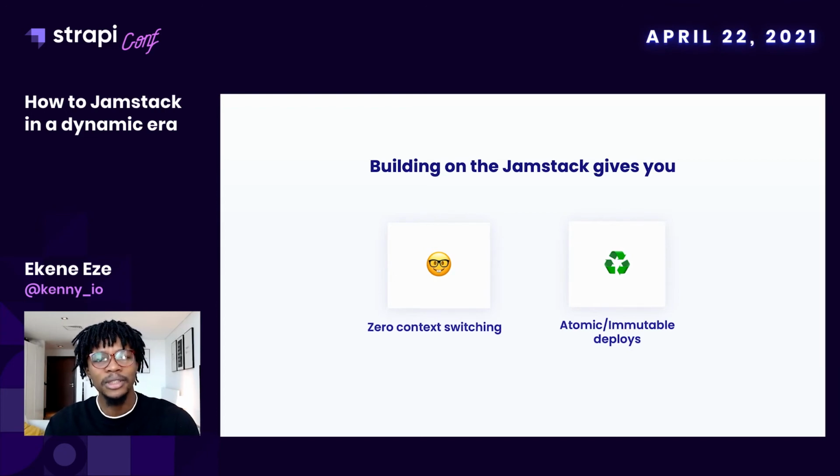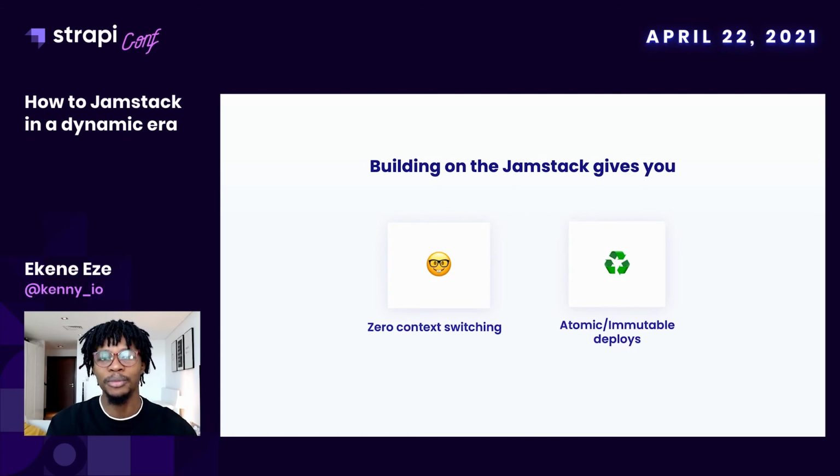And what about the concept of atomic and immutable deploys? Imagine that you have pushed faulty code to production and something broke and everything is in chaos, right? You have thousands of users all over the world who are trying to access your site and things are just breaking. If you're building on the JAMstack, what that means is that you can instantly roll back to the previous version of your site just by the click of a button.